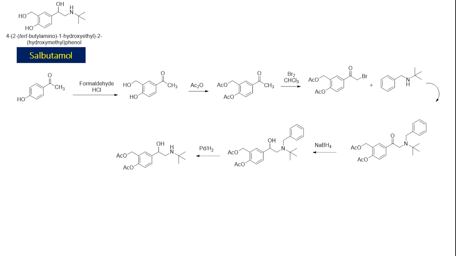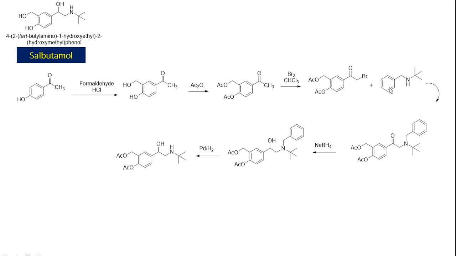Secondly, because we are adding a lot of bulk here, this carbon is going to become inaccessible, because we have a very bulky phenyl ring over here. In that way, addition of this nitrogen group across the C double bond O can be avoided by adding the benzyl group.